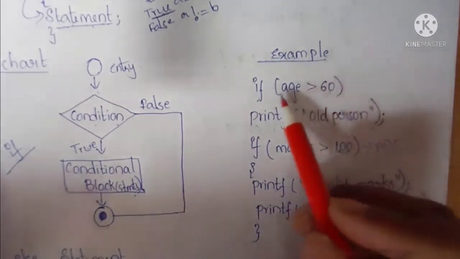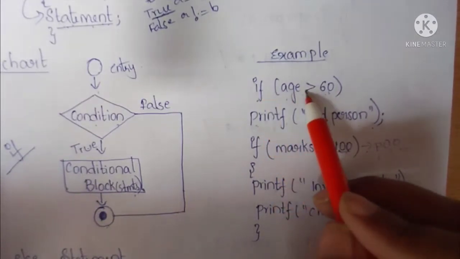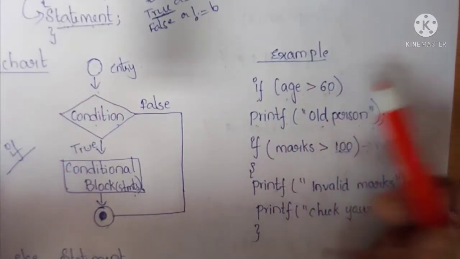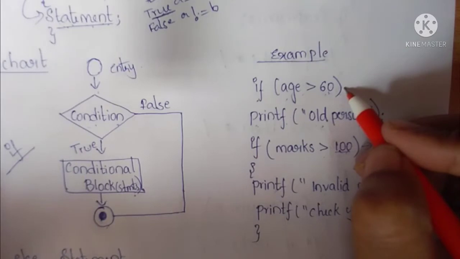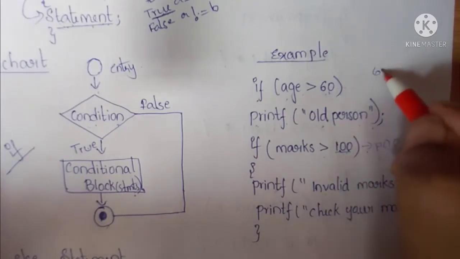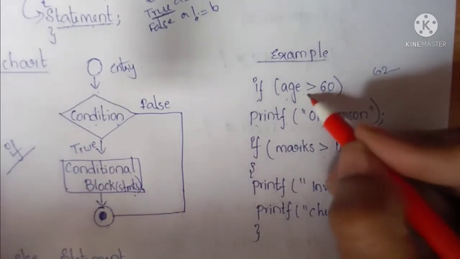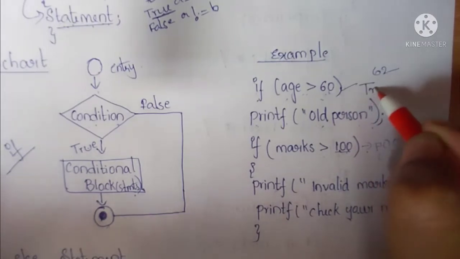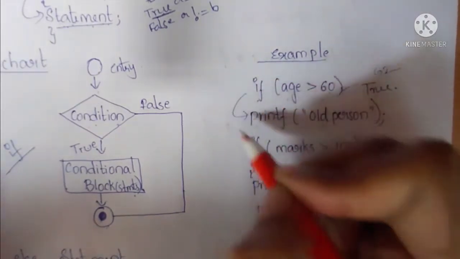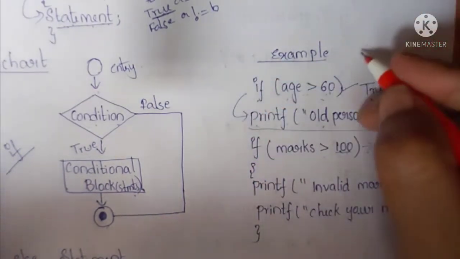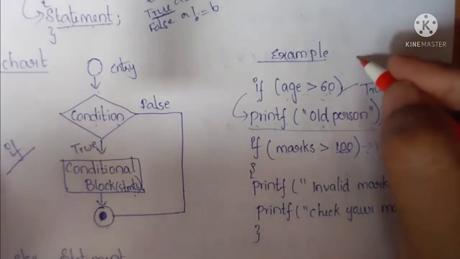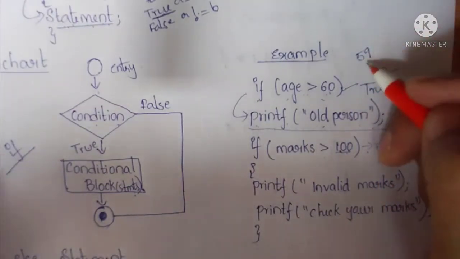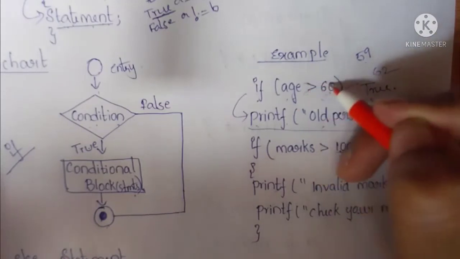Okay, see here, this is an if statement. If age is greater than 60, suppose you take any other person whose age is 62, then this condition will be true and it will execute this printf statement. If suppose any person's age is 59, is 59 greater than 60?